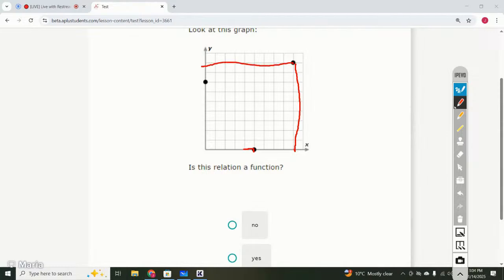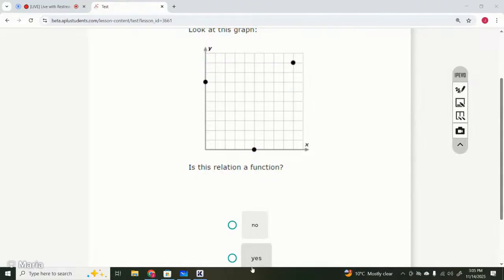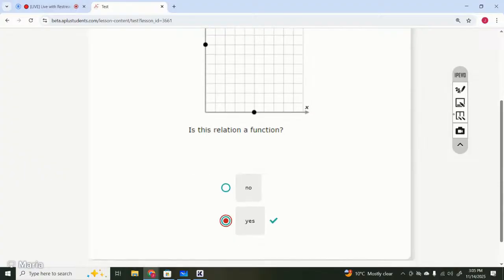So that means the relation is a function. So yes, it is a function. Got it?